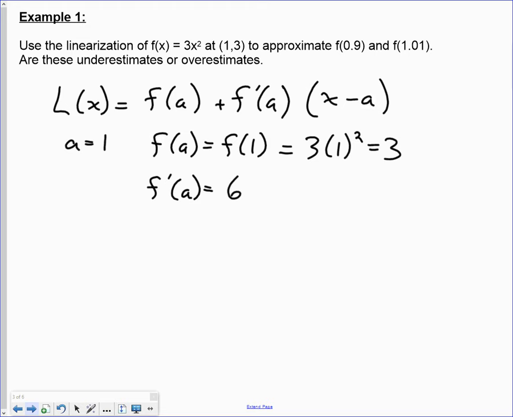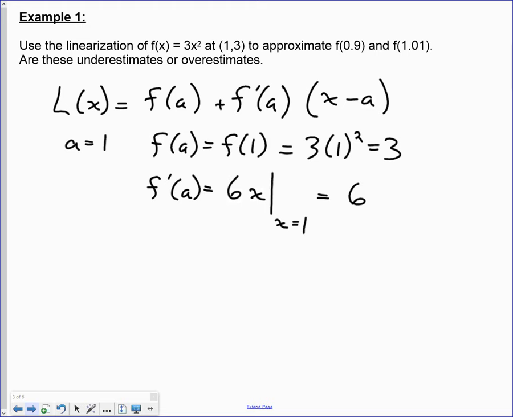Our derivative is going to be 6x, evaluated at x equals 1, because a is equal to 1 here. So that is just going to be 6.